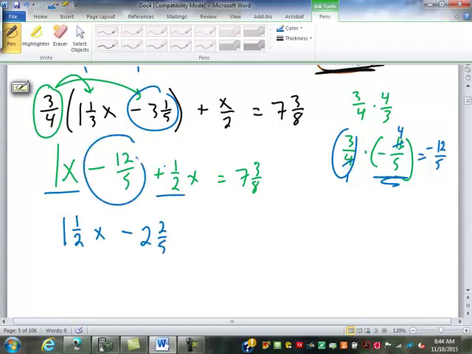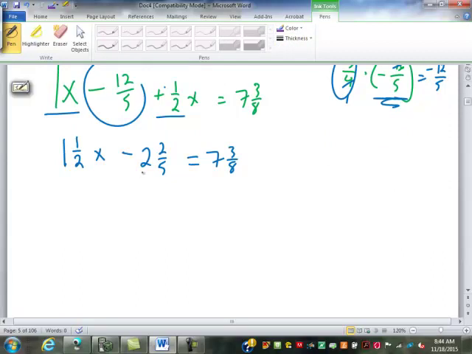That's the negative 12/5, a negative 2 and 2/5. Equals 7 3/8. Now what am I going to do? Well, we're going to add 2 and 2/5 to get rid of that, leaving just 1 1/2 x here. Plus 2 and 2/5 here is going to give me 9 and 31/40.